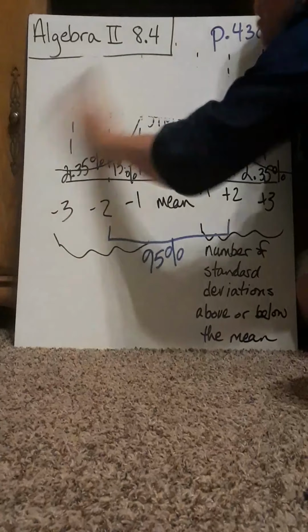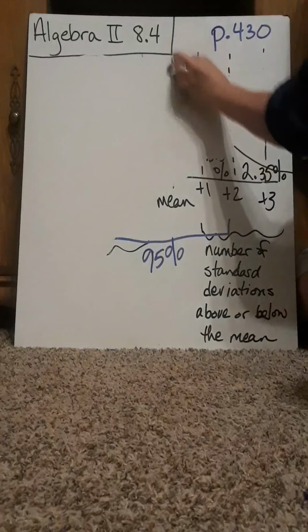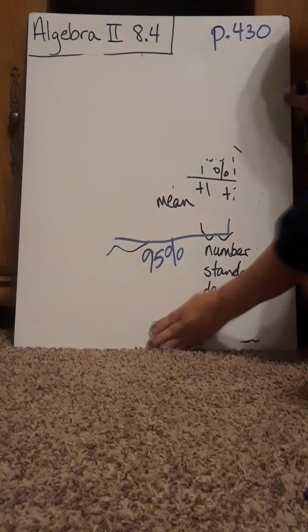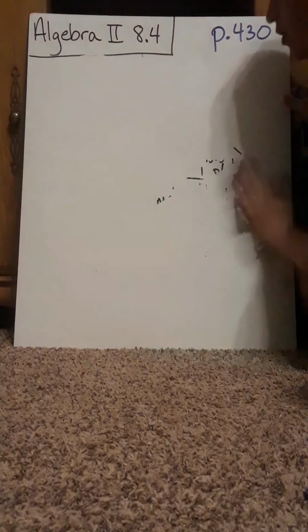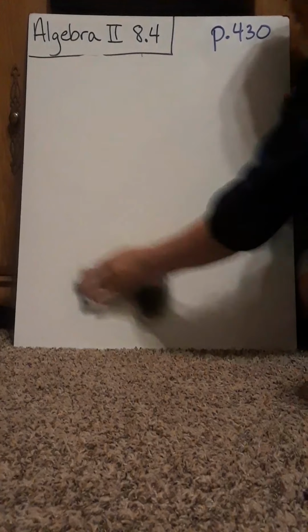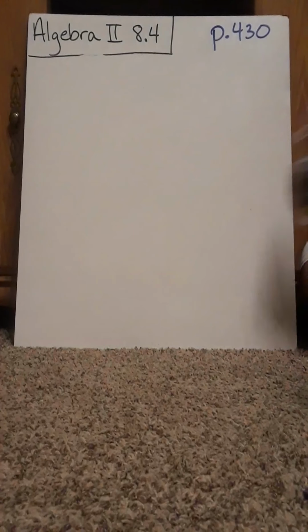So if you're talking about data involved with spinning a spinner and finding the probability of it landing on any particular section, it has an equally likely chance of landing in any particular part of that spinner.